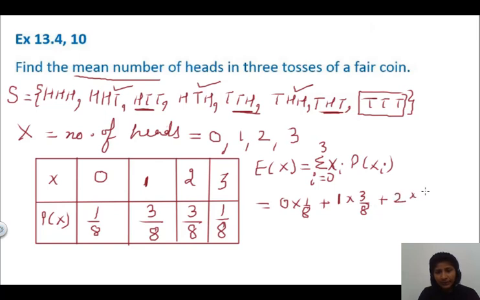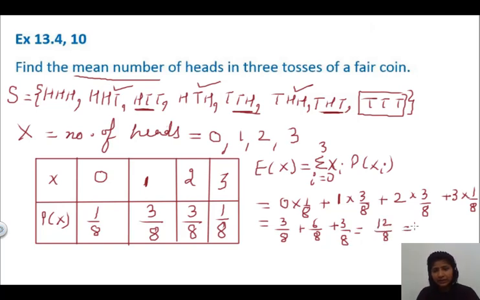Then x is 2, probability is again 3 by 8. Then x is 3, probability is 1 by 8. When you solve it, you get 3 by 8 plus 6 by 8 plus 3 by 8. When you add them, you get 12 by 8, which is 3 by 2 if we cancel it with 4. So the answer is 1.5.